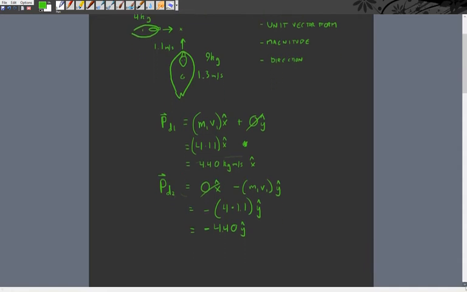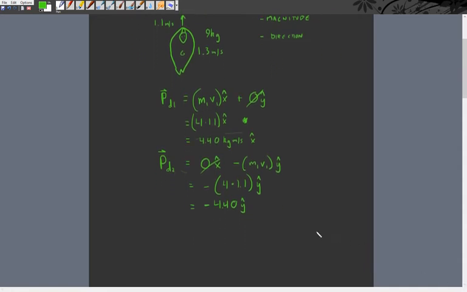Okay, now for this goose. All right, momentum for the goose. Well, this goose is moving in the positive y direction.